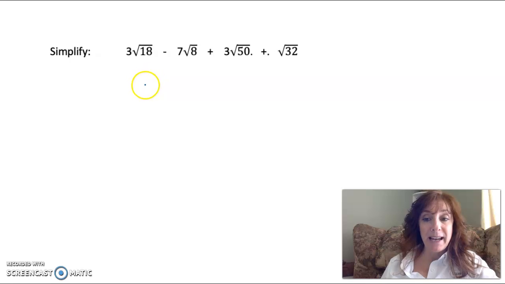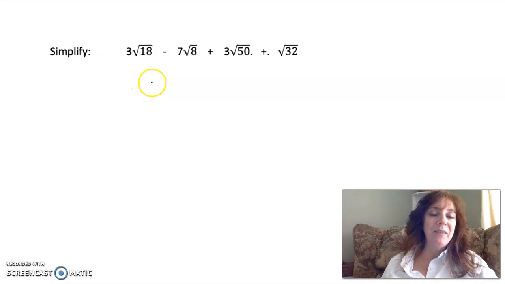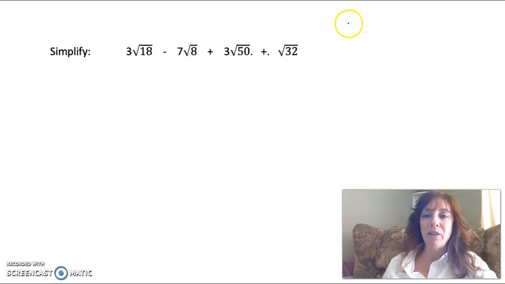Well, there's a couple of ways. If you can think of something that multiplies to make 18, that is a perfect square, then you're already on the right road. Let's try that. Just taking the square root of 18, we can make a factor tree, and that is 2 times 9, and 9 is 3 times 3.